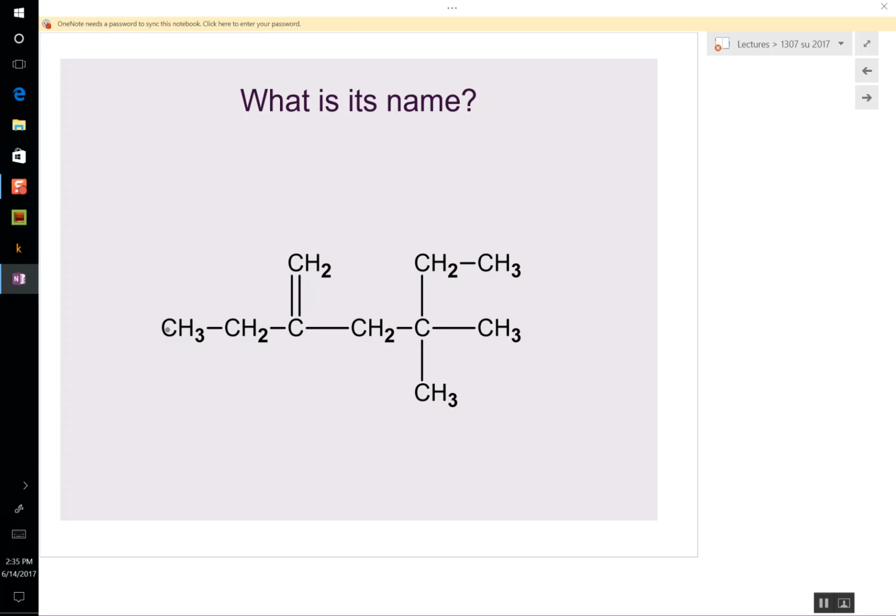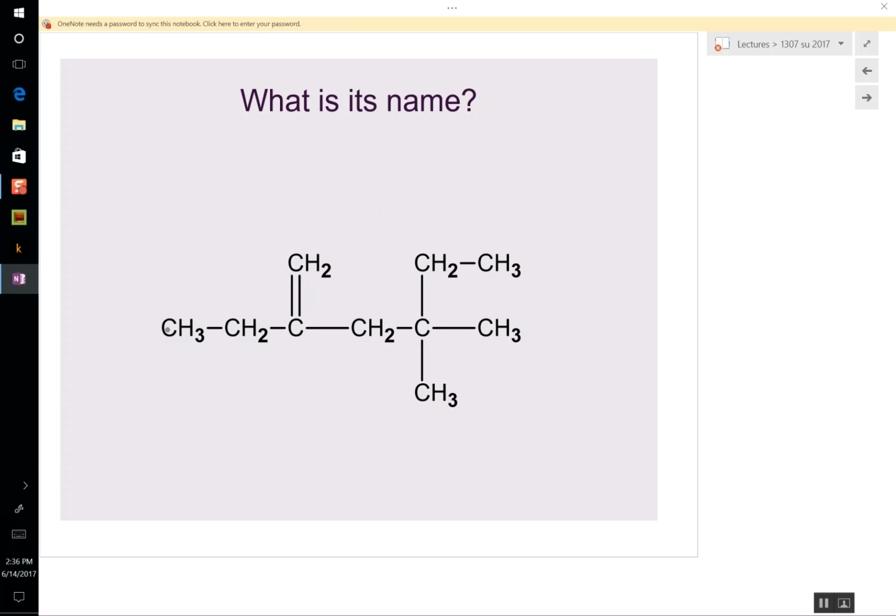We're not going to handle a double bond as a substituent. So you must find the longest chain that includes the double or triple bond. So you can't kind of go up here to include it. We got to start here. 1, 2, 3, 4, 5, 6. Let's see. 1, 2, 3, 4, 5.